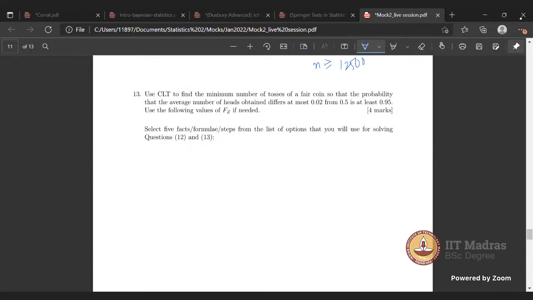All right. So if I want to solve this using CLT, what does CLT say? We have to find the probability that the mod of x bar minus mu, that is 0.5, is less than or equal to 0.02 is at least 0.95.